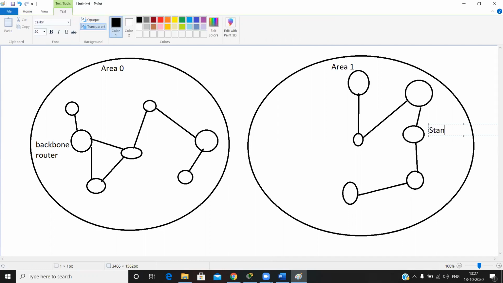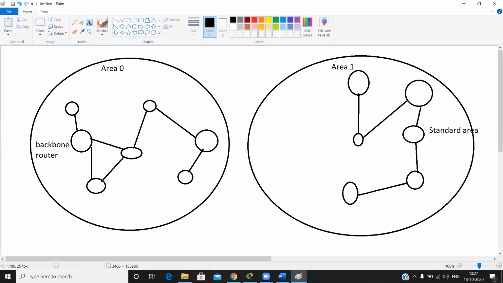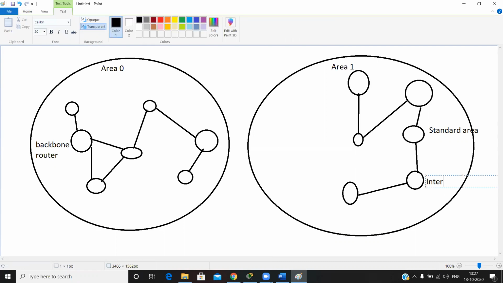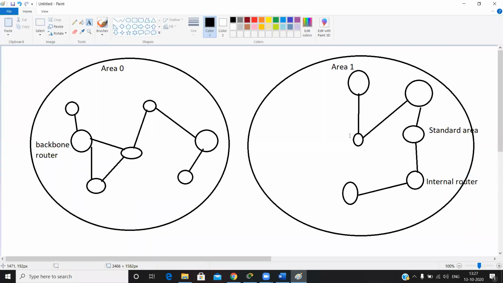Standard area, and this one is an internal router. All these routers are internal routers.